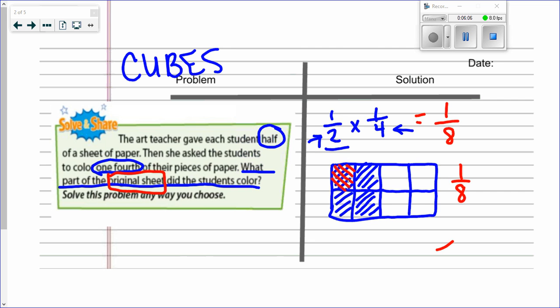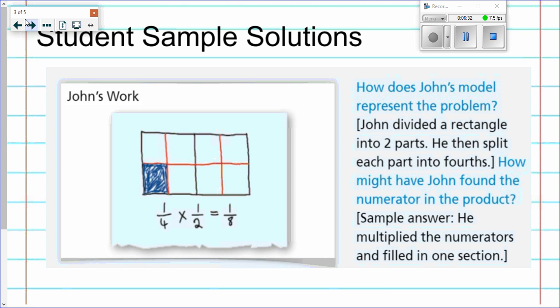So that's why in red, I colored in just one of the 4 pieces of the half sheet of paper. And then out of the total sheet of paper, I have 1 square that is filled in with both colors. So that is going to represent 1/8 as I'm looking at that as a model. We can also double check that work by doing the standard algorithm. Let's go ahead and look at the next solution.